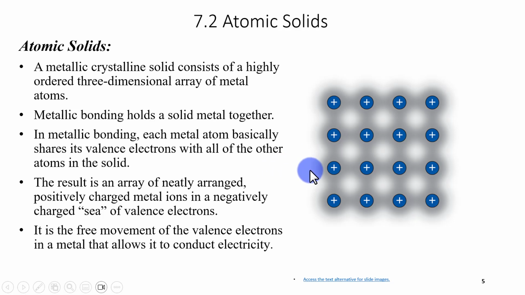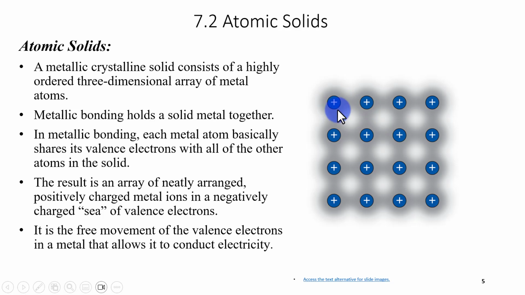What happens in metallic bonding is that if this is a metal atom, it is going to share all of its valence electrons with all of the other atoms in the solid. And what happens then is you get this cloud of electrons that are shared by all of the atoms in the structure.